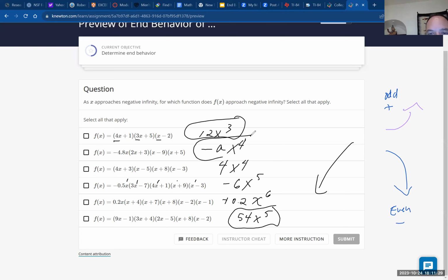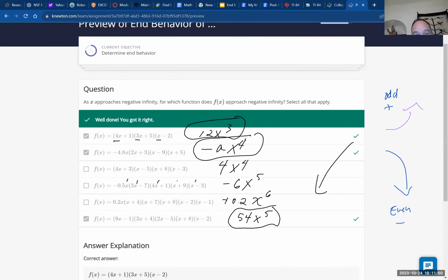So even and negative, and I believe that's it. So those are our hopefully educated guesses. It's this one, and this one, and hopefully we got all of them, and that's how you do that problem.